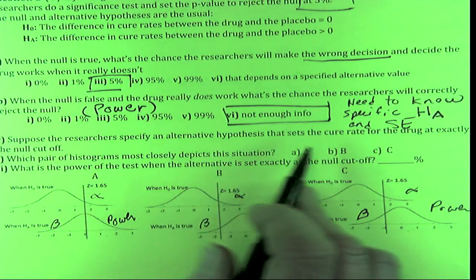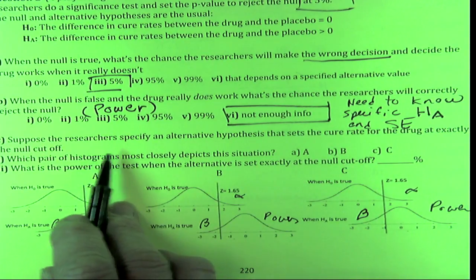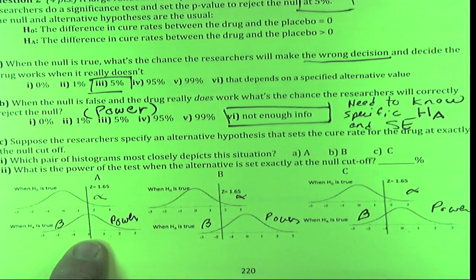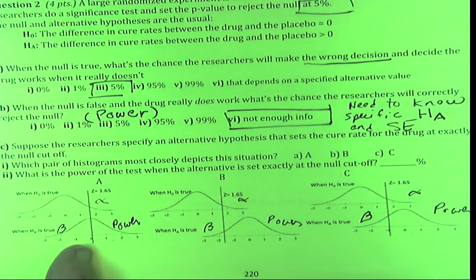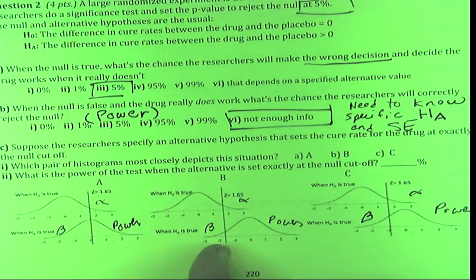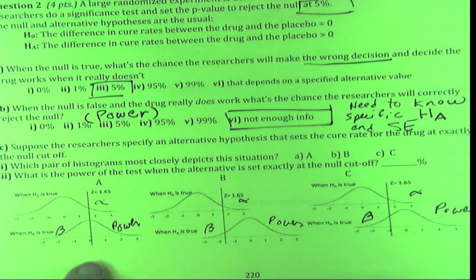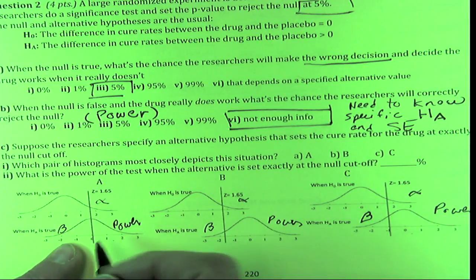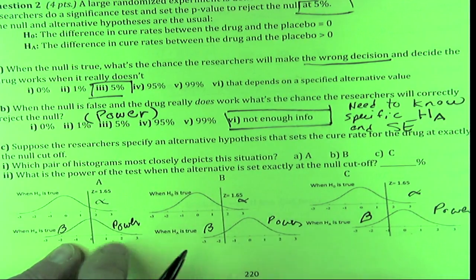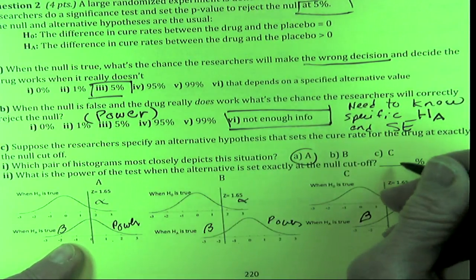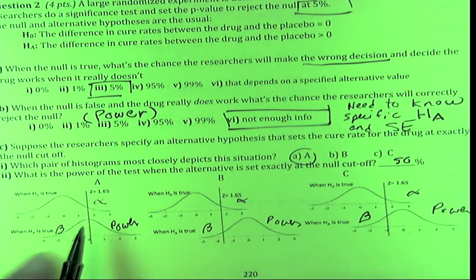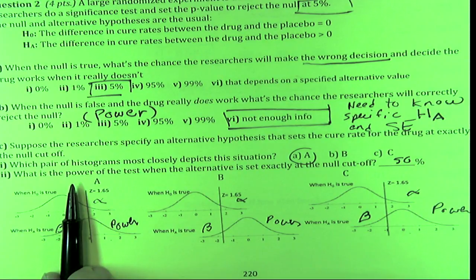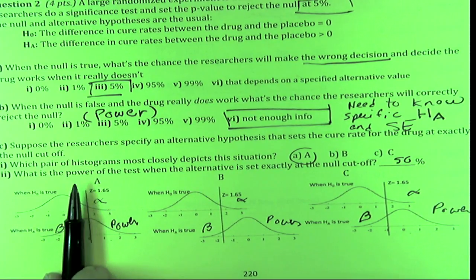Because the middle is where the alternative hypothesis is, and the null cutoff is going right at the middle. Here it's not, and here it's not. But if you set it right at the middle here, you only have 50% power. And this is A, and you have 50% power. We never want to set it this way. That would be crazy.